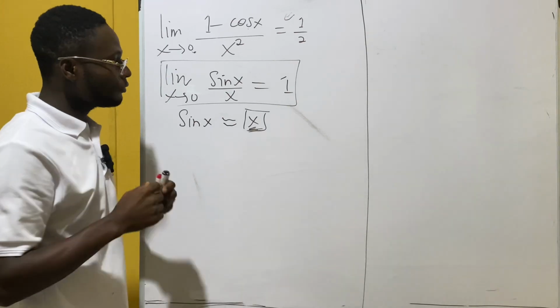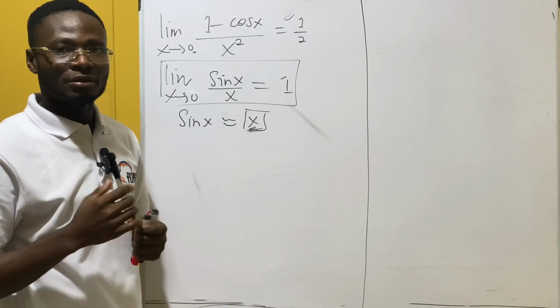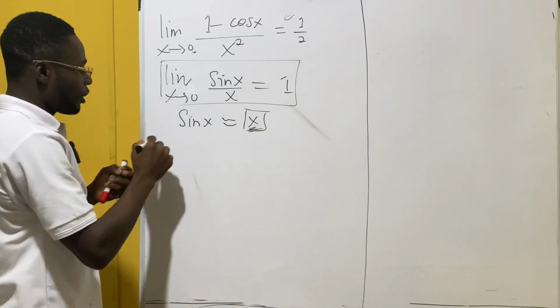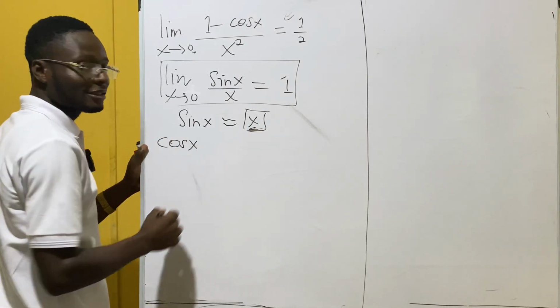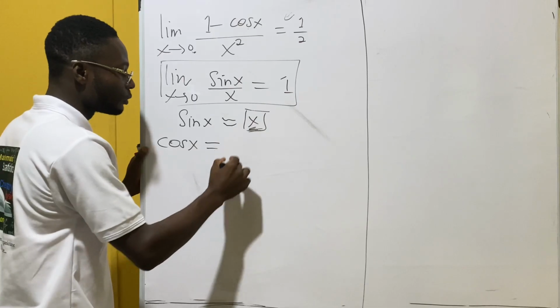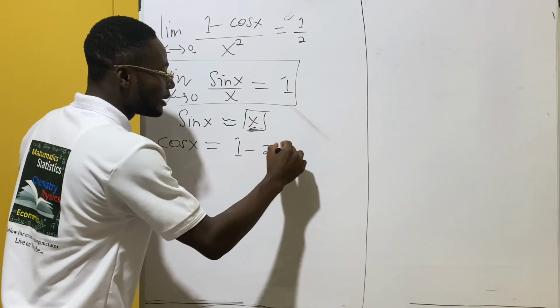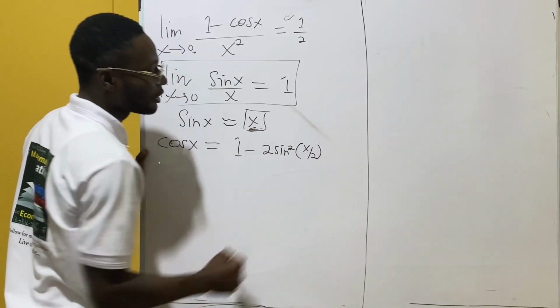Now, we have to go to the half angle property in trigonometry, the cosine property, which is cos x equals 1 minus 2 sin squared of x on 2.